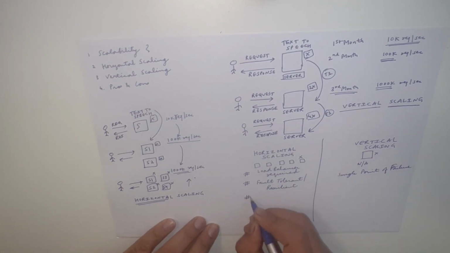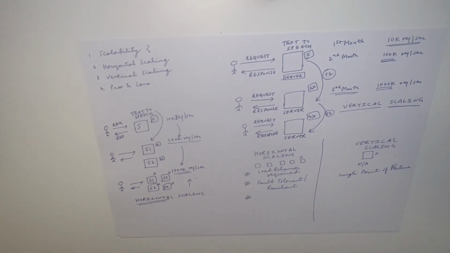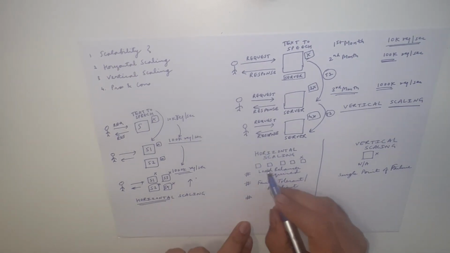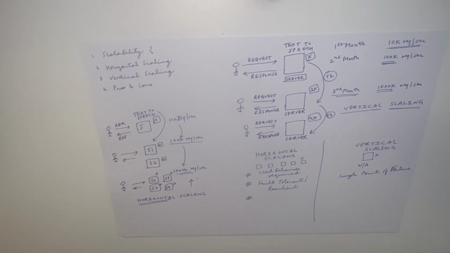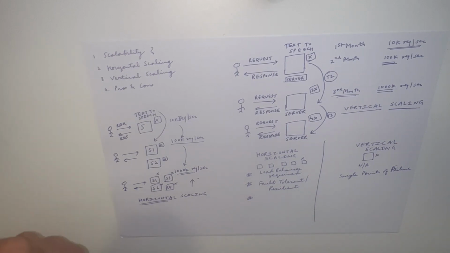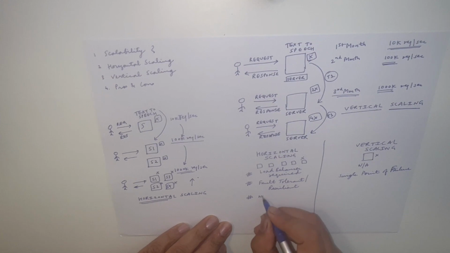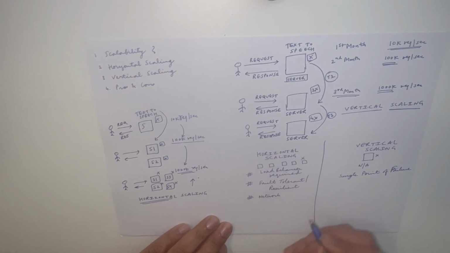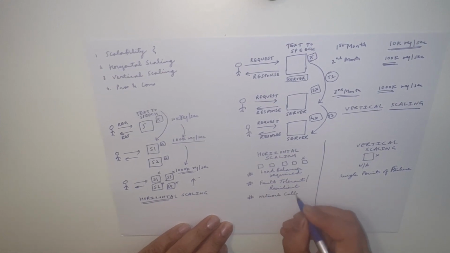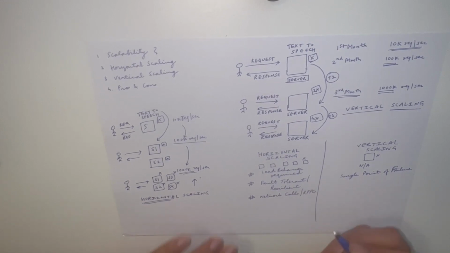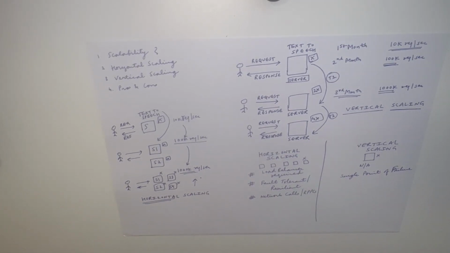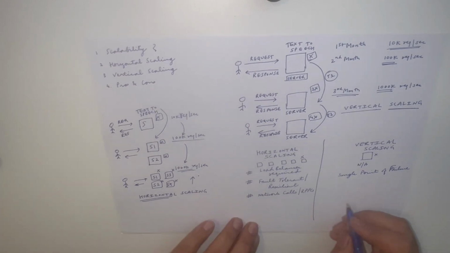The next difference is with respect to the network calls. Because you're working with multiple servers, there are always going to be network calls or remote procedure calls that you would have to do in order to get data from a downstream service or from another service that's hosted on a different server. So there are always going to be latency constraints when it comes to horizontal scaling. So you have network calls or you have RPCs which incur latency because these are going to happen over the wire, over the network.